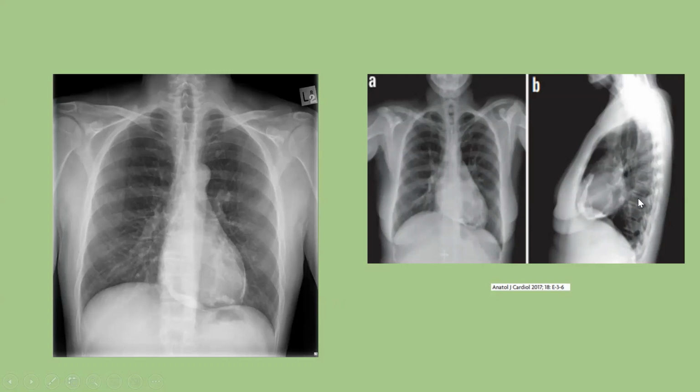So calcification is seen better in the lateral than in the AP or PA view of chest X-ray. So if you are suspecting constrictive pericarditis and you are looking for calcification, you had better order a lateral X-ray.